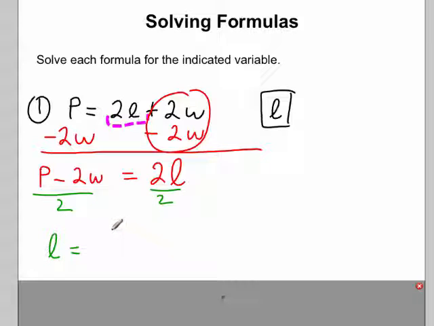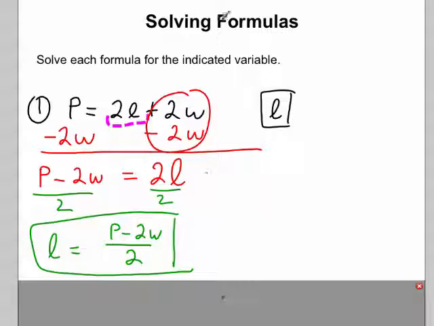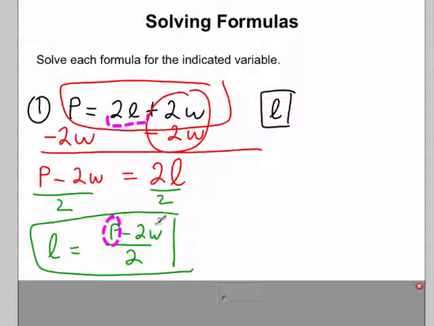So L is equal to (P minus 2W) divided by 2. And there's my formula, the same formula as we had above, but rearranged with a different variable isolated. So if I knew my perimeter and I knew my width, I could just plug those into the formula quickly and out would pop my length already isolated.